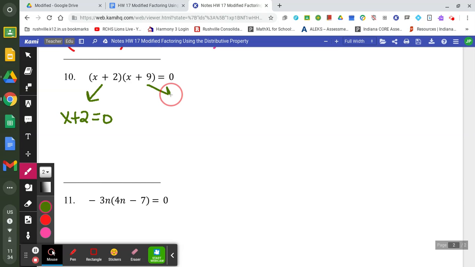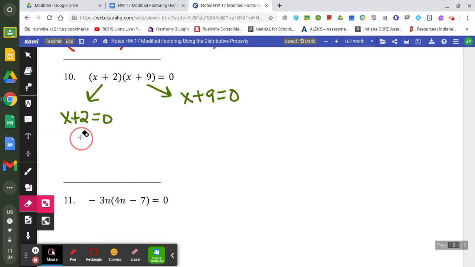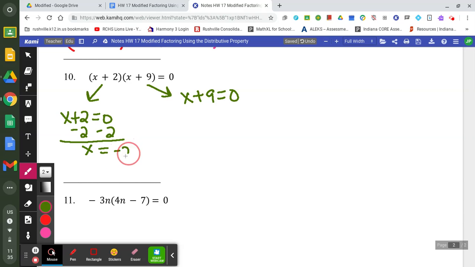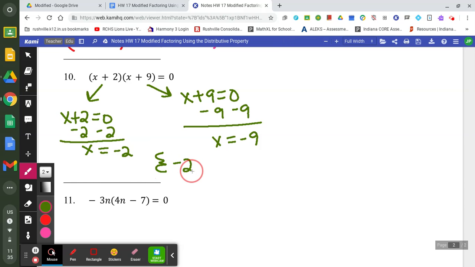And then I'm going to take that parenthesis and make it equal to 0 and solve for x. And sometimes you'll see the answer in a solution set.